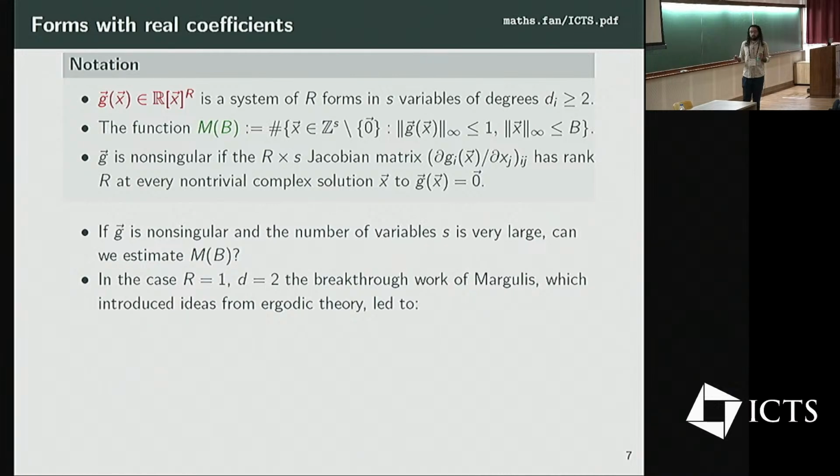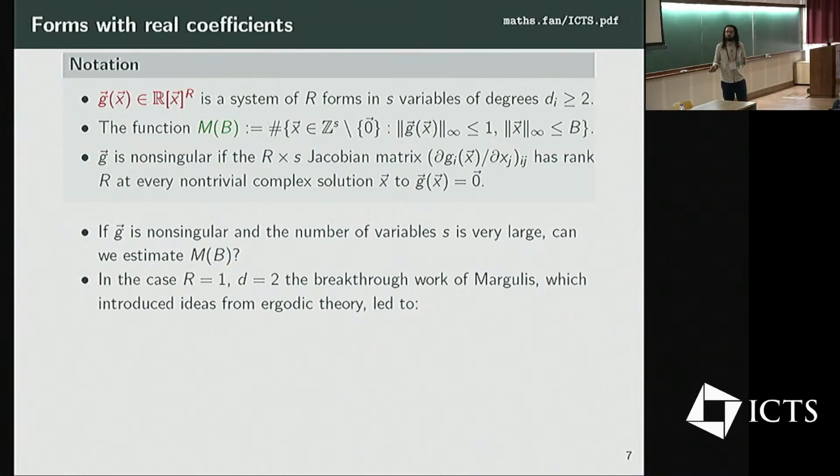And one can try to use similar methods to estimate it. One difference is that whereas the circle method is for results of the kind that I stated, where you want this asymptotic formula as soon as the thing is non-singular and the number of variables is sufficiently large, the circle method is sort of a leading approach.